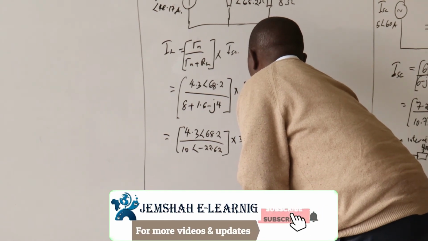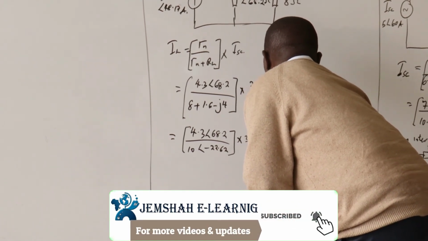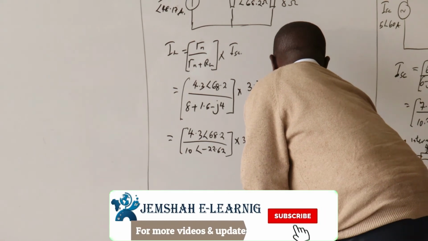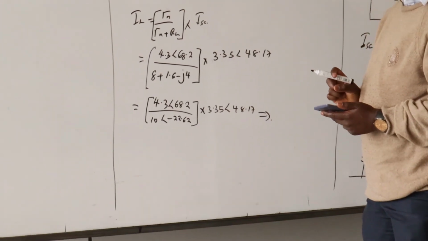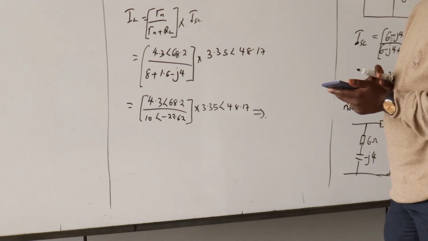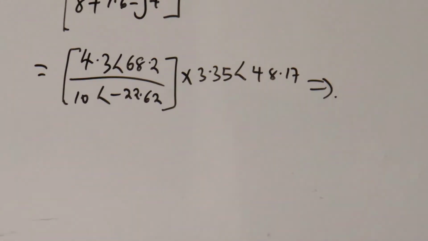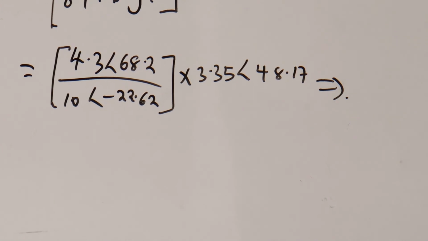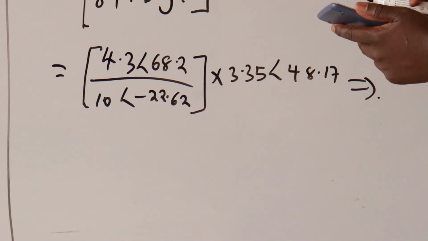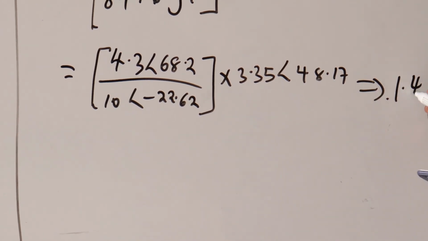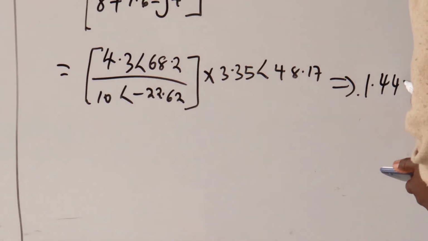This multiplied by 3.35, the angle is 48.17, which gives us what? 4.3 divided by 10 is 0.43. We multiply by 3.35. This becomes 1.4405.